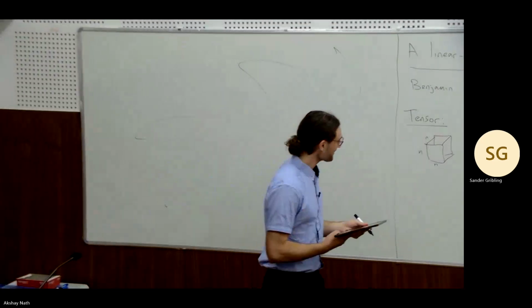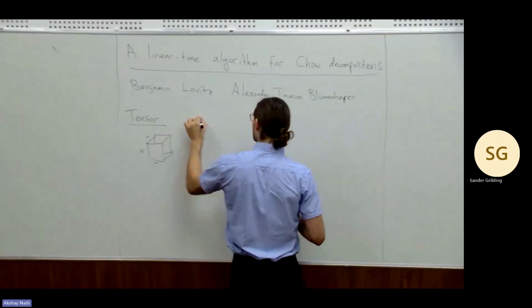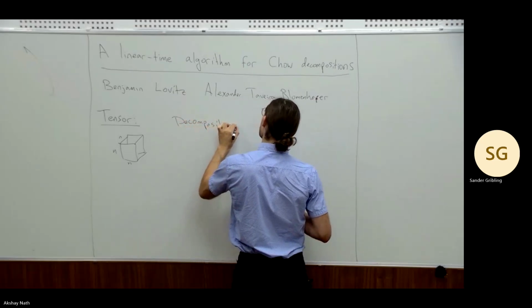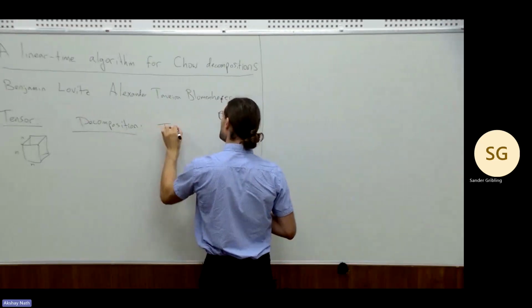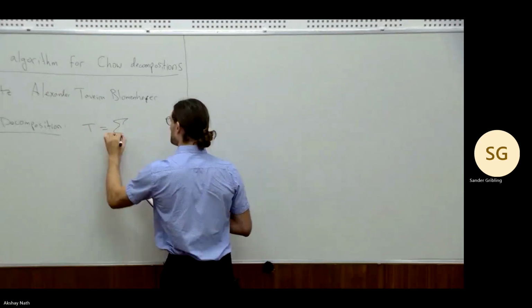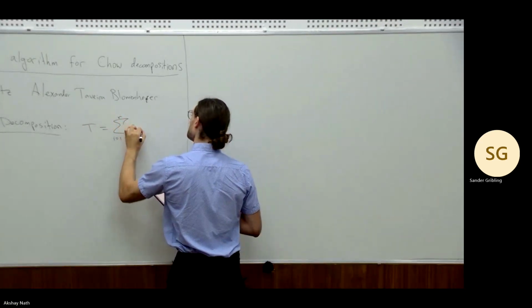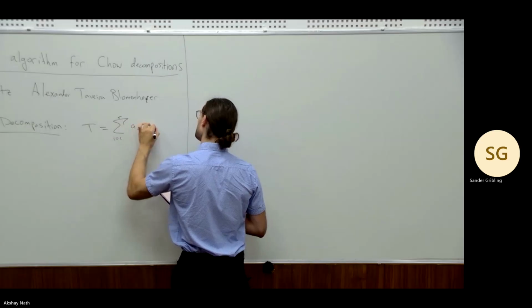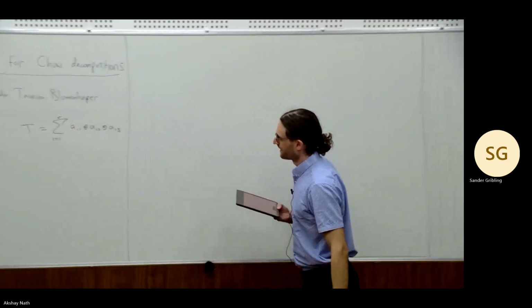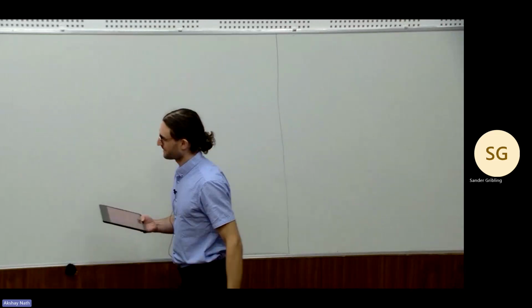And then a decomposition of a tensor T is an expression of T as a sum of what we call product tensors. So what is a product tensor?